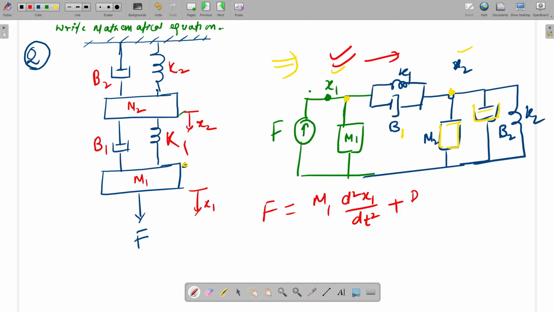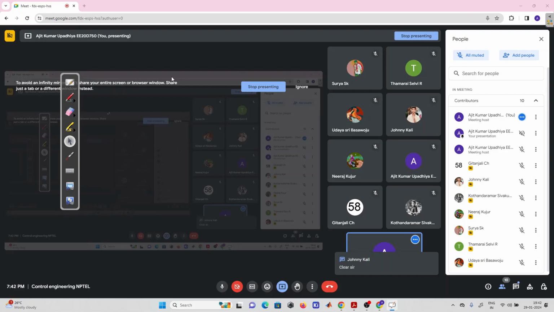So that will be B into d by dt of (x1 minus x2), and the third term will be k1 into (x1 minus x2). Is this equation clear to all? This is equation 1. I will explain again if it is not clear. Can anyone reply? One second.